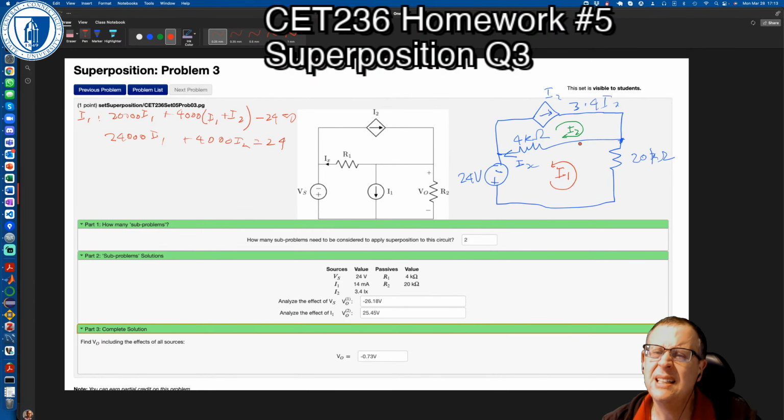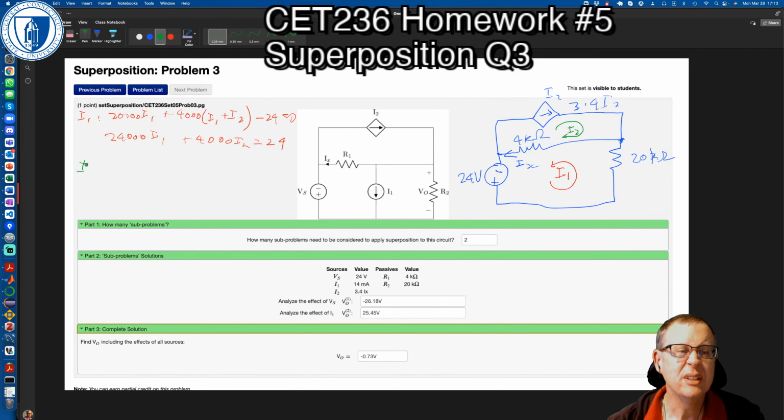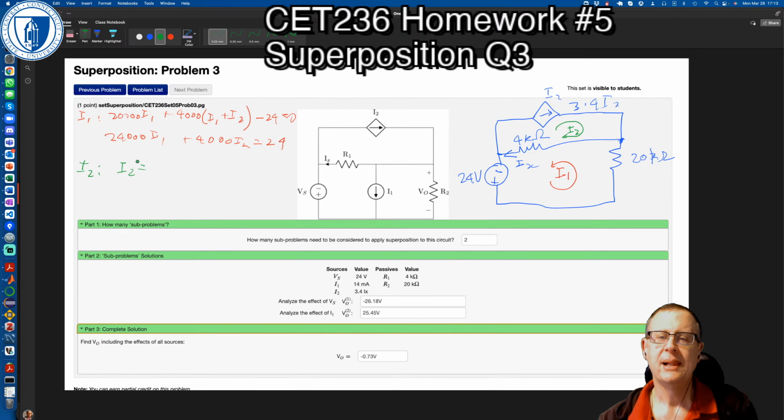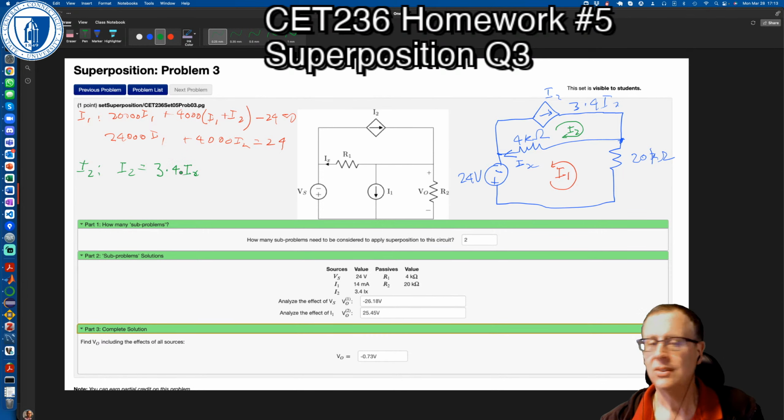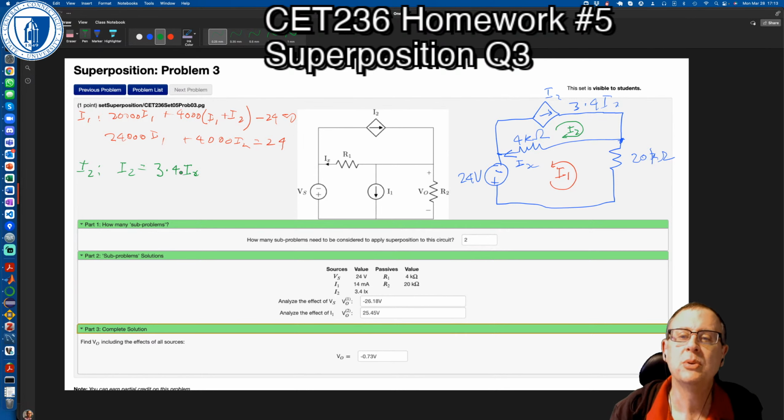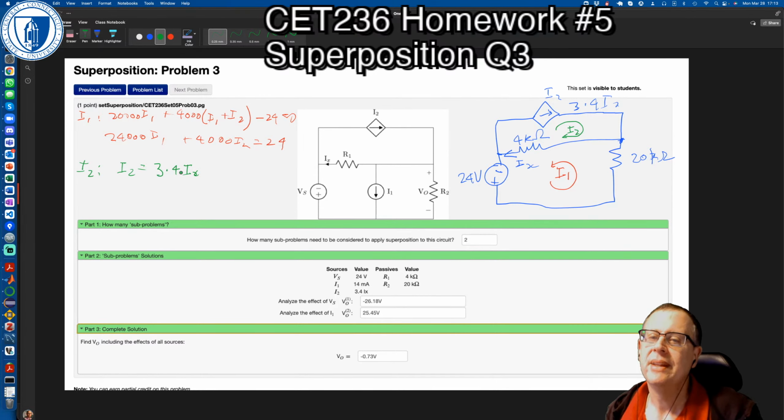So that's that one. And then the I2 equation is our freebie, because we just get that I2 equals 3.4 times Ix. We can think about the KCL equation.